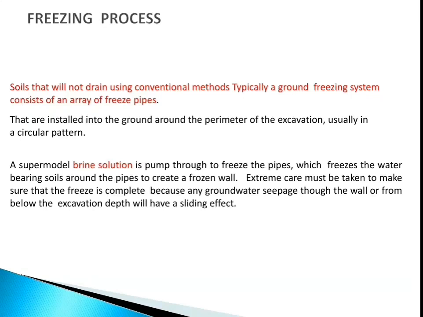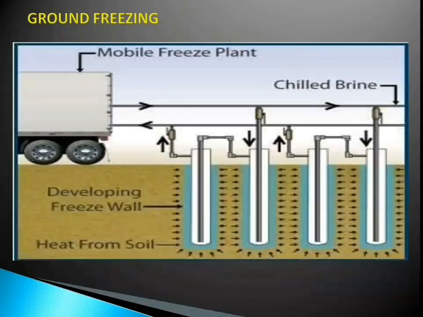Extreme care must be taken to make sure that the freeze is complete, because groundwater seepage through the wall or from below the excavation depth will have a sliding effect. So we can see the freezing process in the image using a mobile freeze plant.